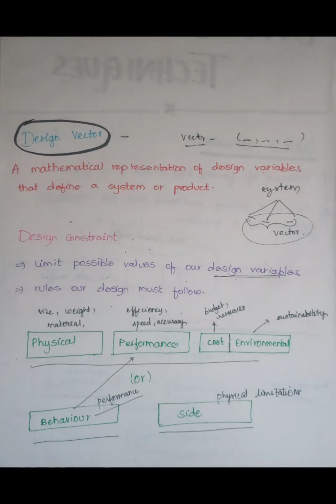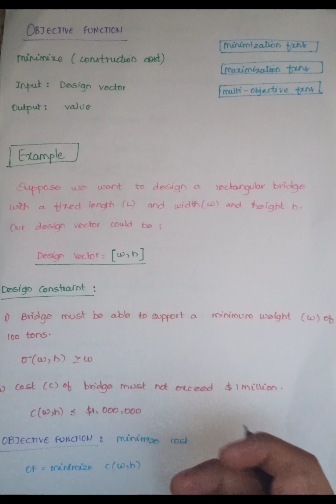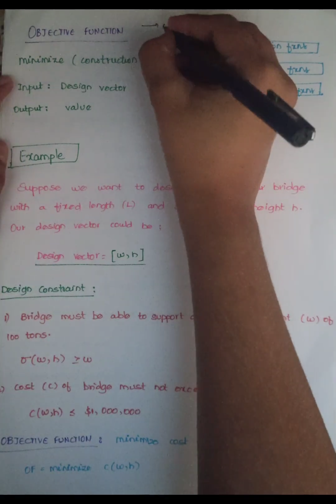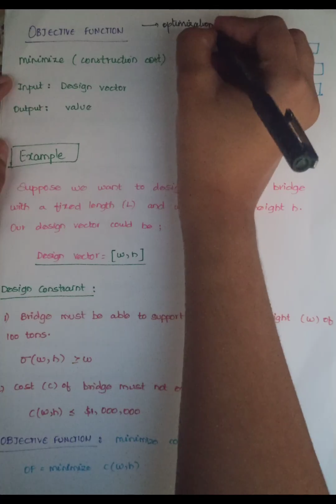And next we will learn about the objective function, which is an important and most vital terminology in optimization. So what is an objective function? We all know what objectives are, right?